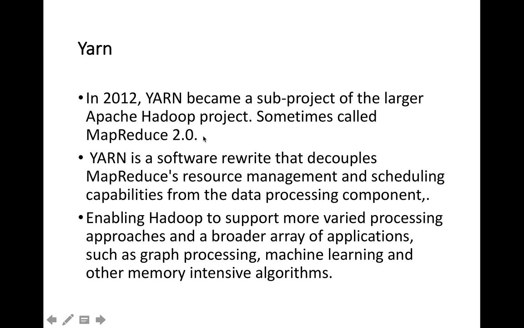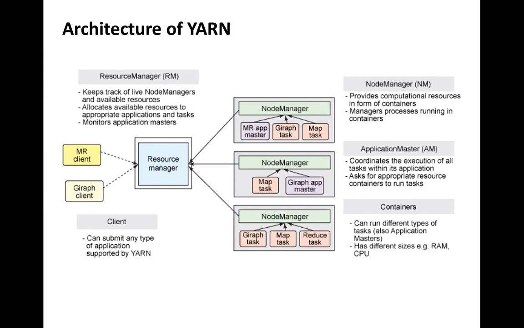But in MapReduce 2.0, that is YARN, they support machine learning, graph processing, and a lot of other intensive algorithms. That's the difference from MapReduce 1.